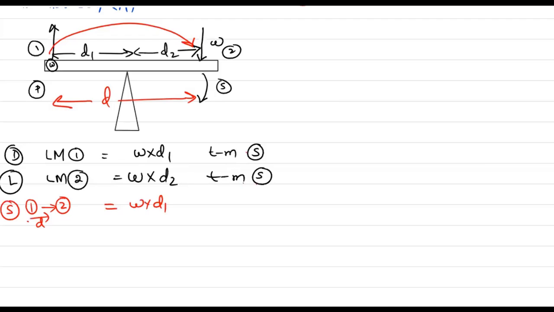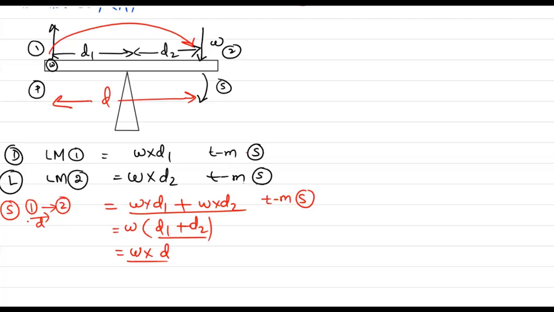W into D1 plus W into D2, that is actually ton meter starboard. Now W is common, D1 plus D2, and D1 plus D2 is D, that is the distance shifted.